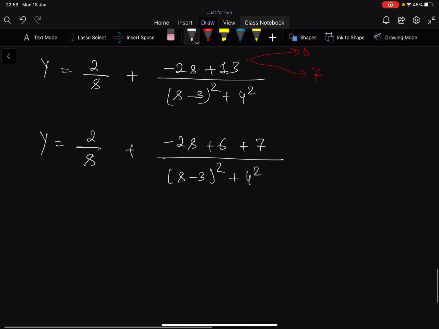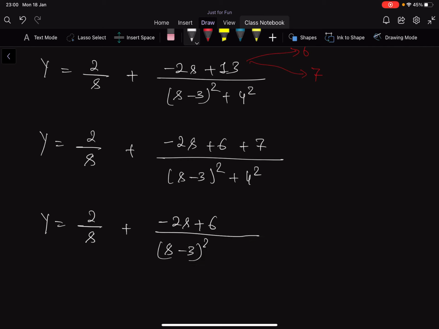And what's interesting about a fraction is that anything on top, we can use the denominator as many times as we like. So if we're splitting the top portion, we can say (minus 2s plus 6) divided by ((s minus 3) whole square plus 4 square), plus 7 divided by ((s minus 3) whole square plus 4 square).